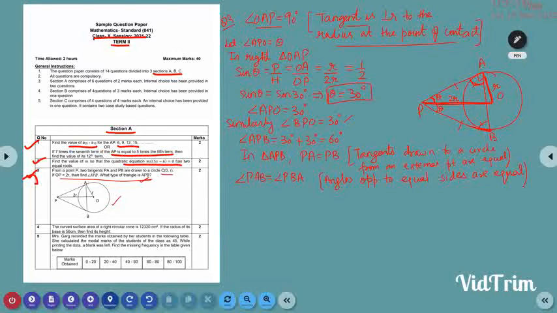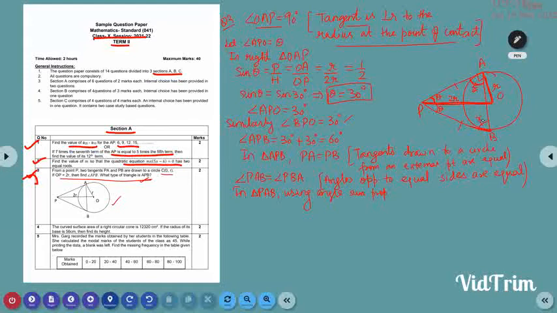Now, if we use the angle sum property in this triangle, then we will get the value of these two angles. This angle APB is already known as 60 degree, and these two angles are equal. So we can write the angle sum property as angle APB plus angle PAB plus angle PBA is equal to 180 degree.